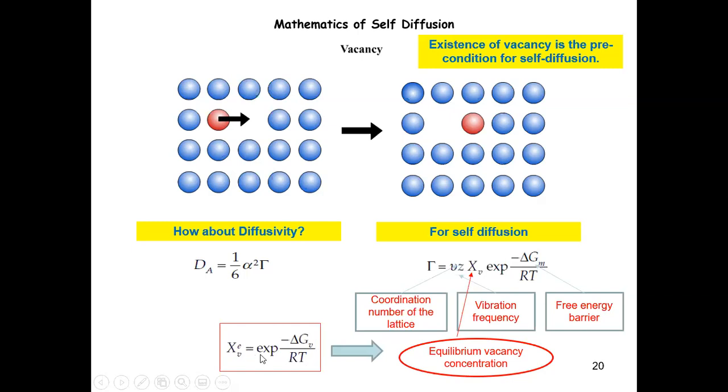The reason why this is typically very small is because the activation energy is usually high compared to the temperature you're working with, right? At room temperature, at most normal temperature regimes, this vacancy concentration is very small simply because this delta G_V is very high. You have to pull this atom out of the original position, so you have to do a lot of work. So yeah, that's the factor.